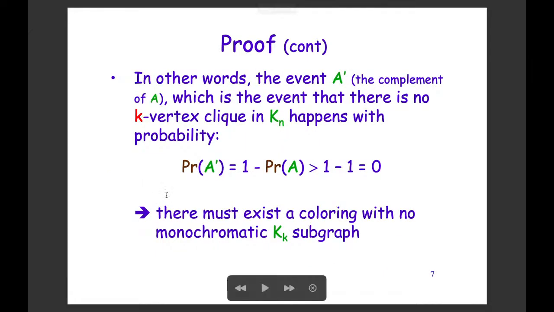The complement is the case that we don't see any monochromatic clique, and it is greater than 0. So by this argument, we have proven that there is a way to color the graph such that we don't see any monochromatic clique. Although we don't know how to color it, we have actually shown that it must exist.